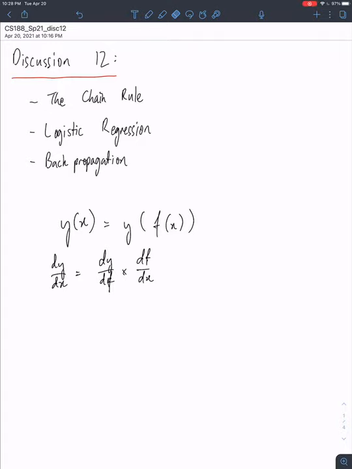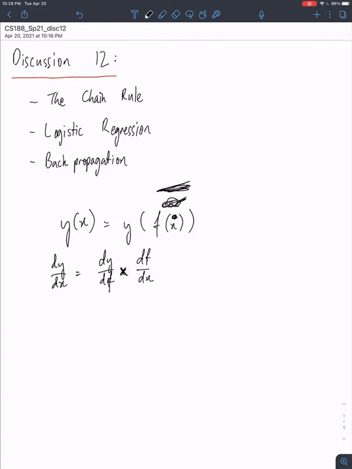So I just want to say it explicitly up front. And I guess the intuitive proof is, you wiggle x a little bit, what happens to y? The way you figure that out is you wiggle x a little bit, then what happens to f? And then, okay, you've wiggled f, what happens to y? Those are the two things you need to know, and you need to multiply them, right?